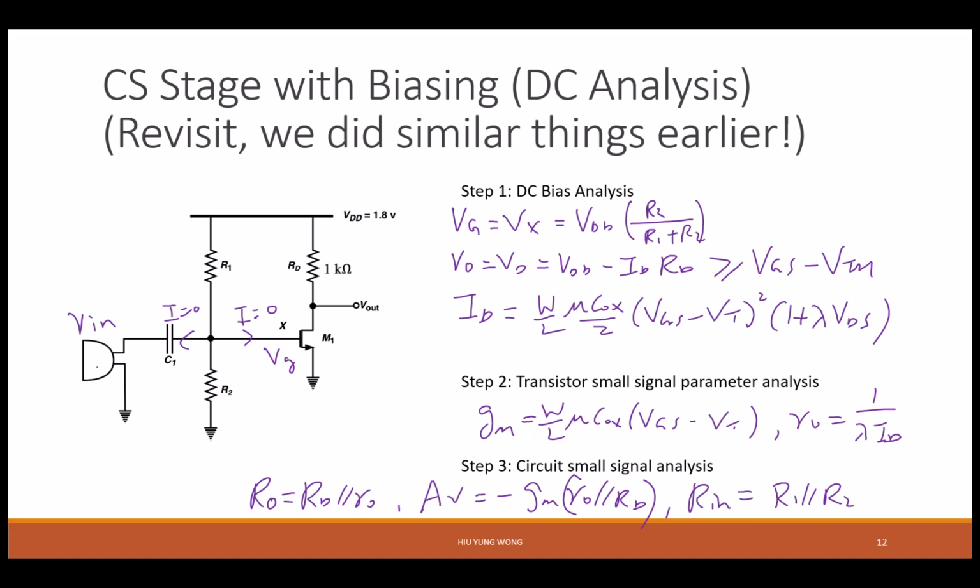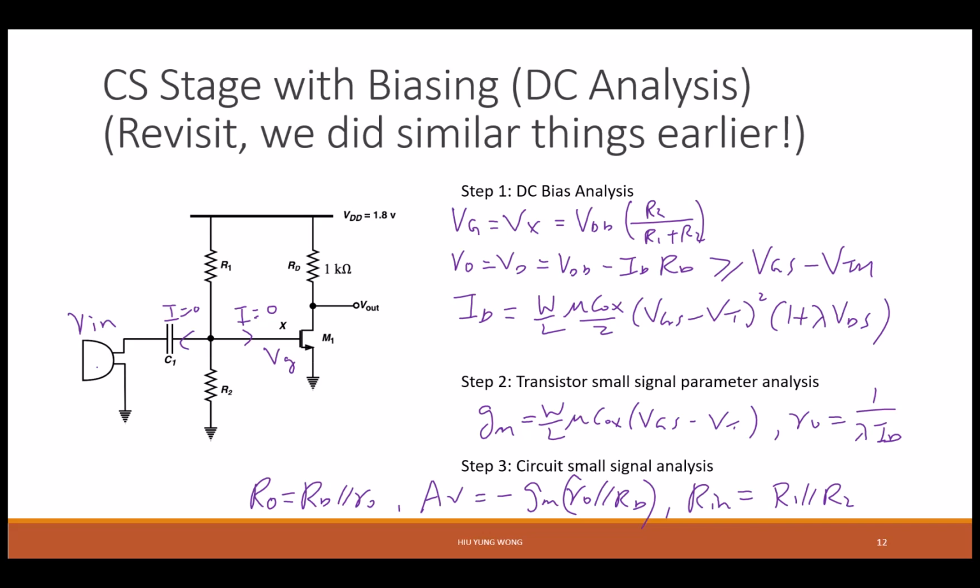Minus VTH, so that it is in saturation. Very good, right? And then ID equals W on L, mu C ox divided by 2, VGS minus VT squared. Maybe you even want to add the channel length modulation depending on the question you want to solve.